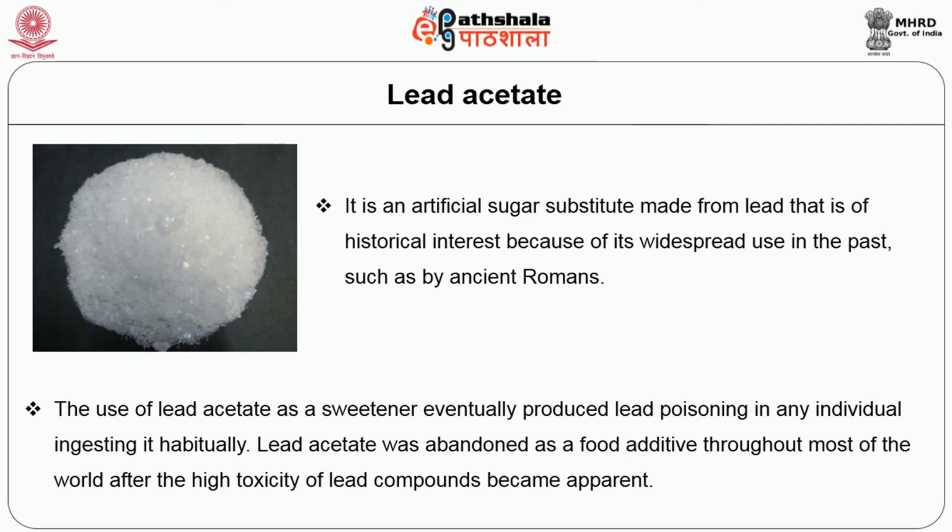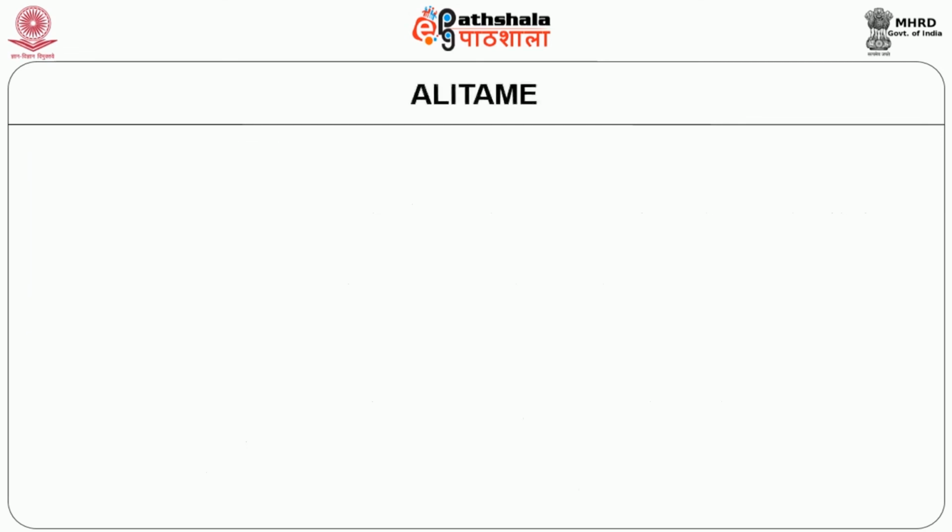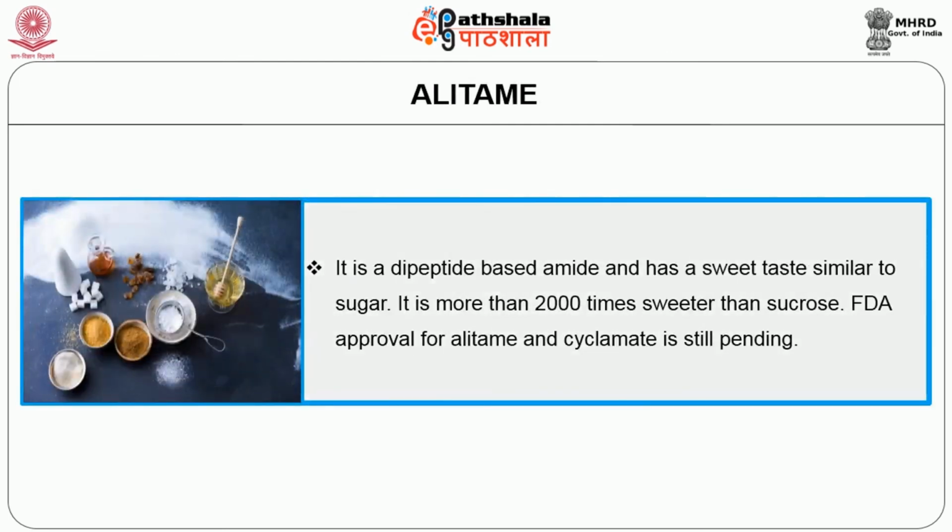Lead acetate was abandoned as a food additive throughout the world after the high toxicity of lead compounds became very much apparent. Now, when we look into another component, alitame, it is a dipeptide based amide and has a sweet taste similar to sugar. It is more than 2,000 times sweeter than sucrose. FDA approval for alitame and cyclamate is still pending.